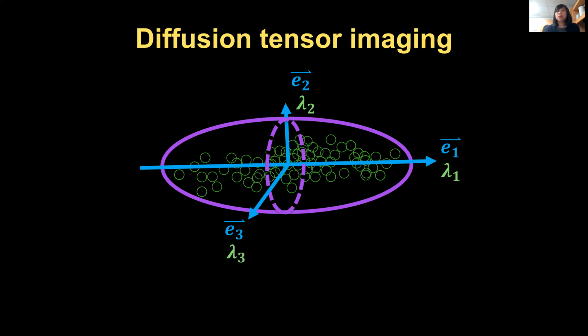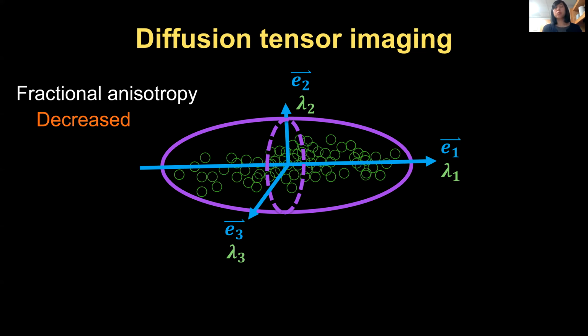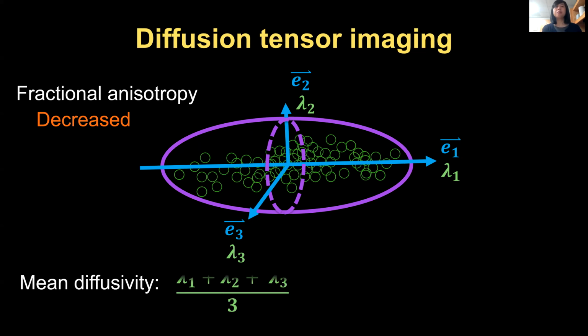So in terms of what's available right now for diffusion imaging in clinical and research studies, the diffusion tensor model has been widely used. It is the simplest yet very powerful way of capturing alterations in axonal structure. And in MS, we know that generally, as in many diseases, the fractional anisotropy of the white matter will decrease and the mean diffusivity will increase, especially in the presence of lesions.